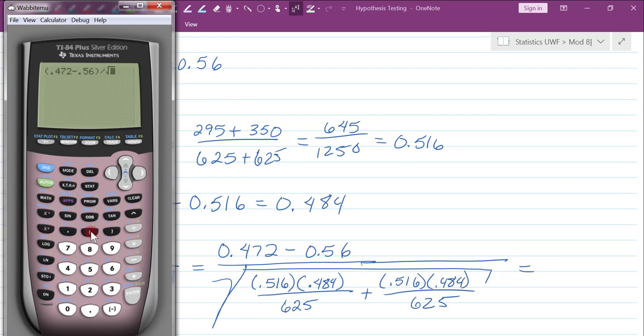Now we're going to put in parentheses, 0.516 times 0.484 divide 625, close parentheses, plus parentheses 0.516 times 0.484 divide 625, close parentheses, come out and hit enter.